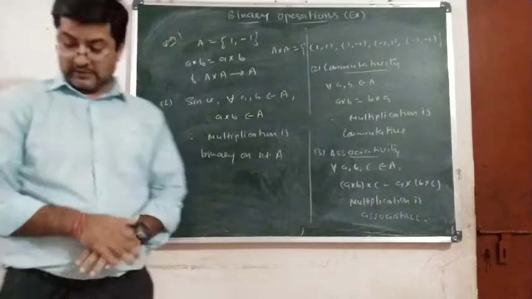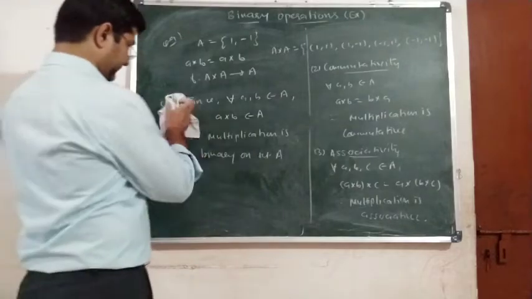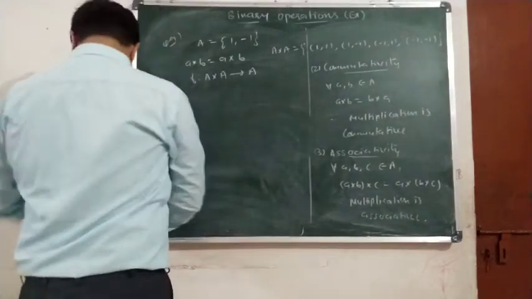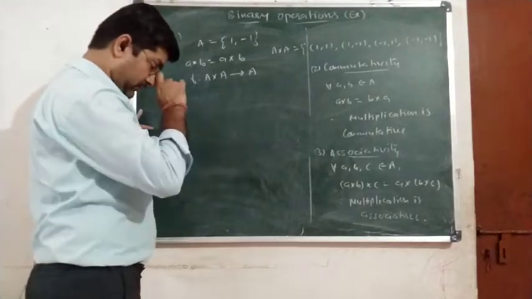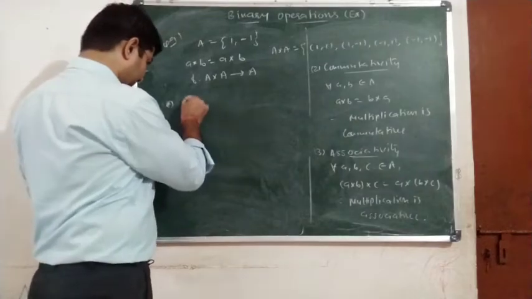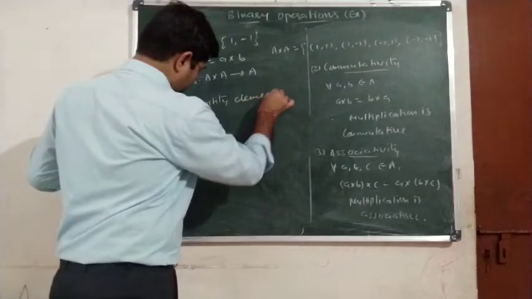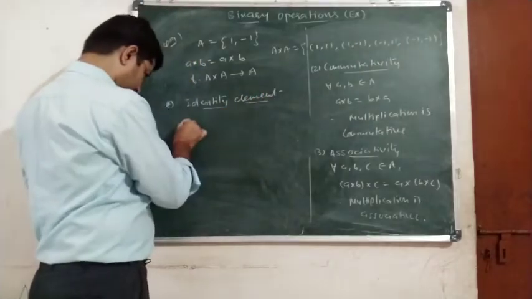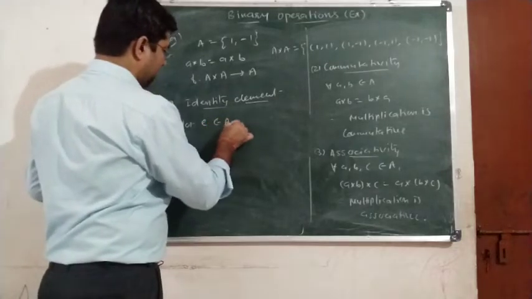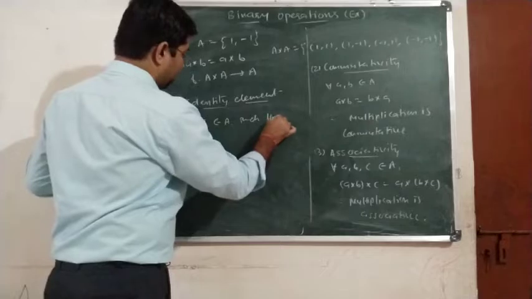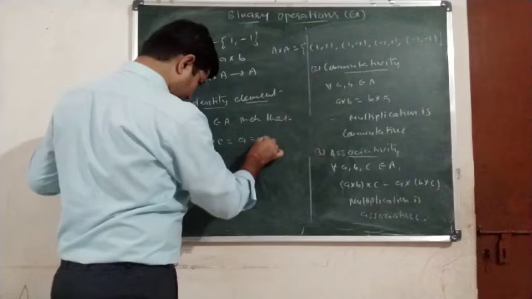Clear? Okay, now let us see the additive inverse. Now before that, before finding the inverse, the identity element. So now let E belong to set A such that a * E is equal to a.